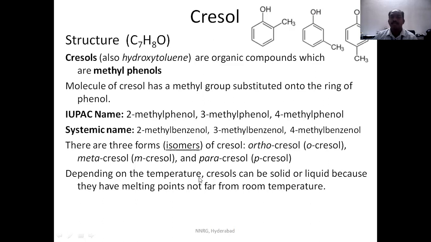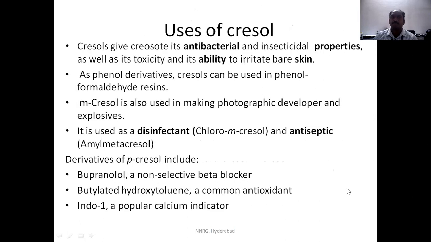Depending on the temperature, cresols can be solids or liquids, because they have melting points not far from room temperature. Cresol gives an antibacterial substance called creosote, which has potent antibacterial and insecticidal properties, as well as toxicity and the ability to irritate bare skin.